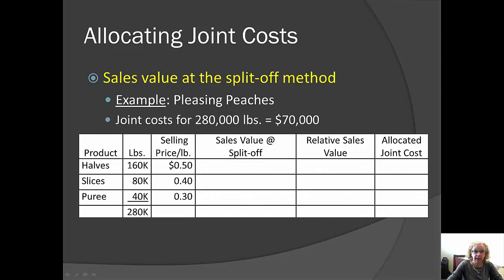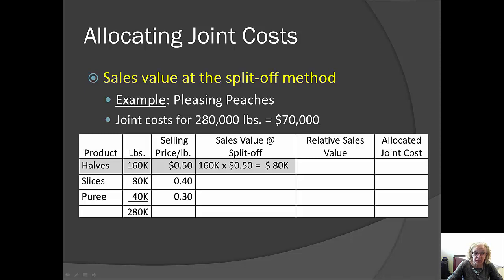Another method is to use the sales value at the split-off point. To do this, we need some additional information about how much we can sell each of our peach products for in the market. Peach halves sell for 50 cents a pound, so we can multiply the selling price times the number of pounds to get the sales revenue for the peach halves.